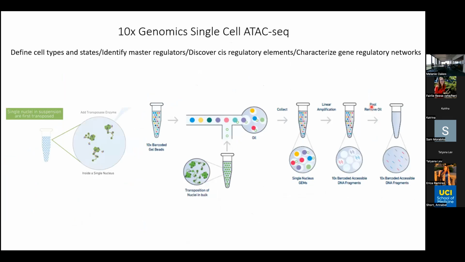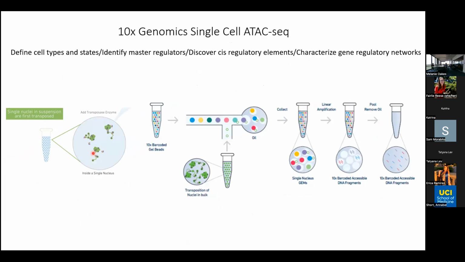We can also do ATAC-seq. So not only can you look at gene expression, but you can look at DNA epigenetics, which parts of the DNA are actually open. In this one, we request that people provide us with a nuclei prep.